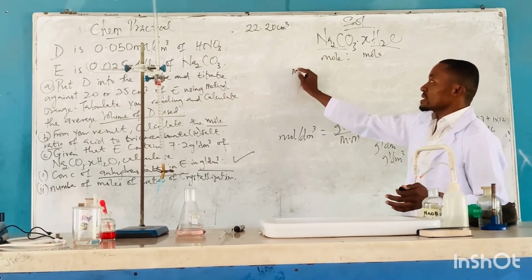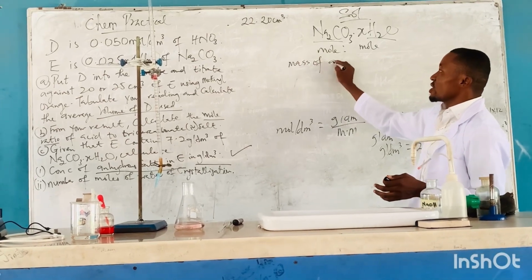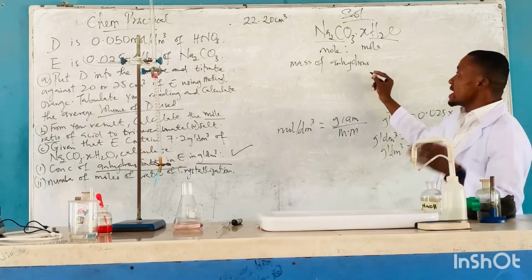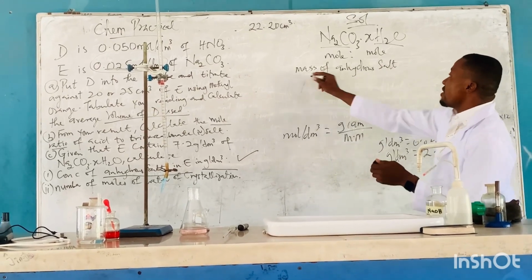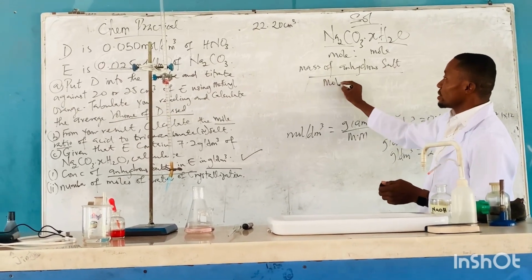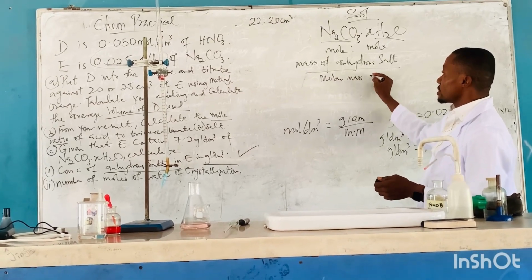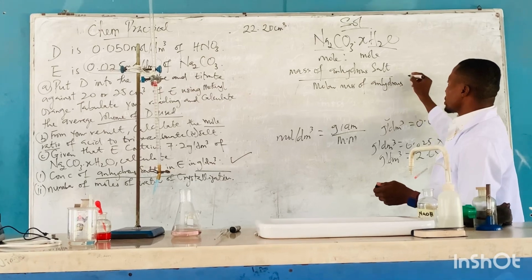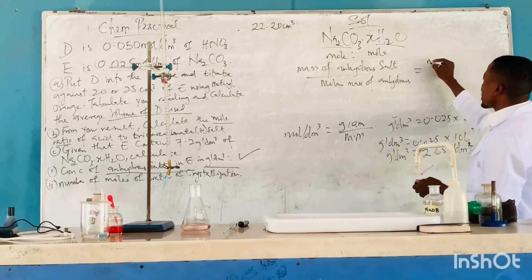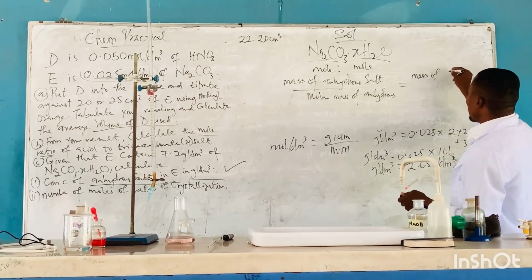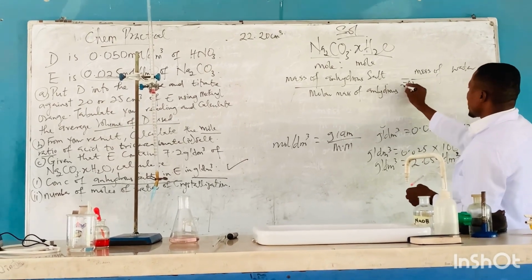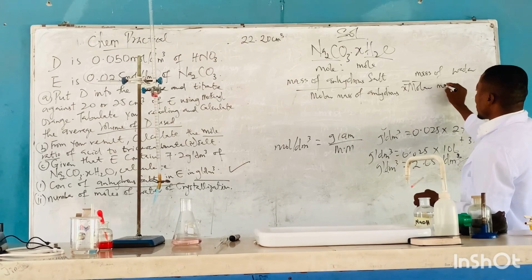So we're going to say mass of anhydrous salt. What's the meaning of anhydrous? Dry. Over molar mass of anhydrous salt is equal to mass of water over molar mass of water.